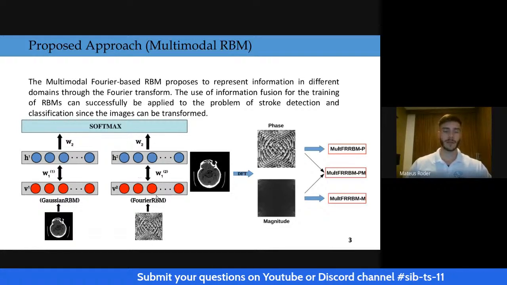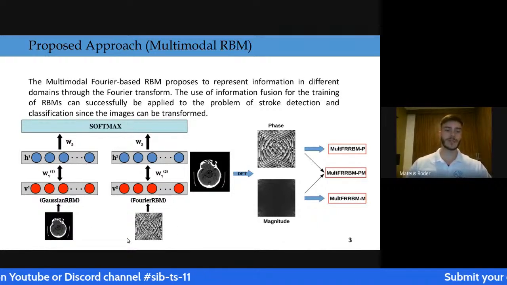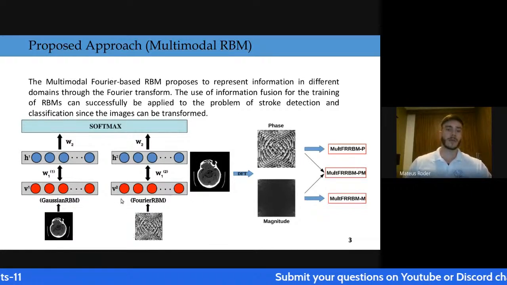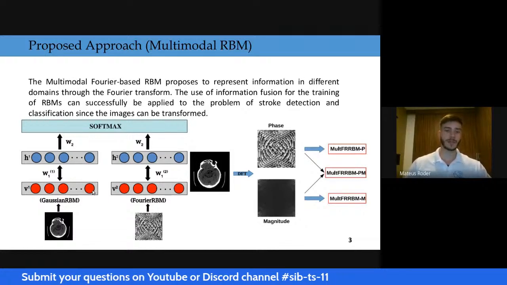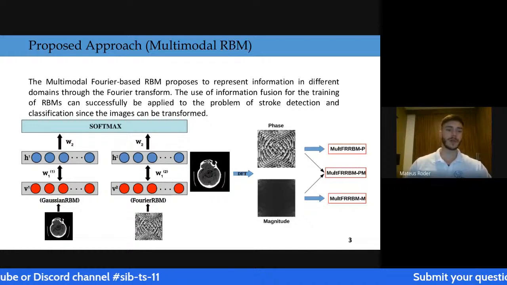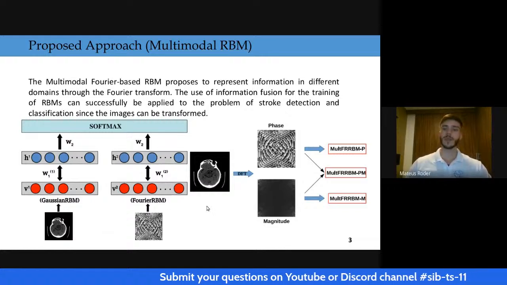The second RBM, learned together with the first one, receives the phase from the same image from the Fourier transform. Both networks learn to detect patterns in an unsupervised manner, and after this procedure, we can fine-tune all the weights of the network with backpropagation.